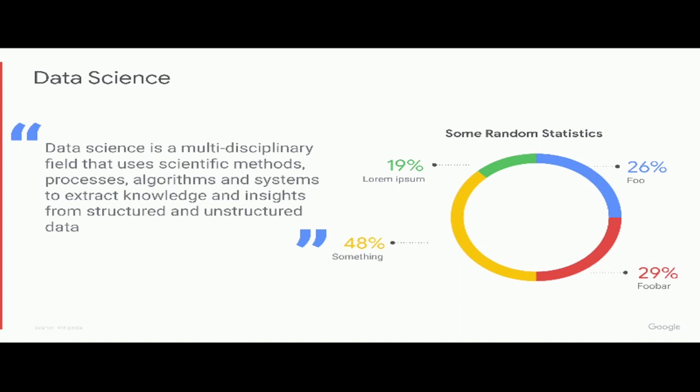Here I'm just putting up a definition from Wikipedia, which may or may not be perfect, but it is what it is. It really boils down to, at least the way I look at it, a way to extract insights from both structured and unstructured data.